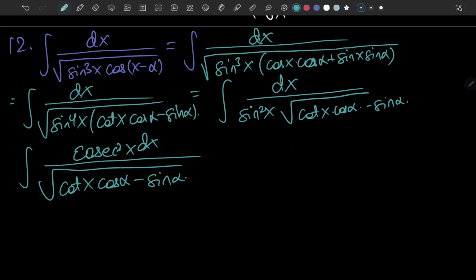And if we are just looking at this thing, let's say that cotangent of x times cosine of alpha minus sine of alpha is t.